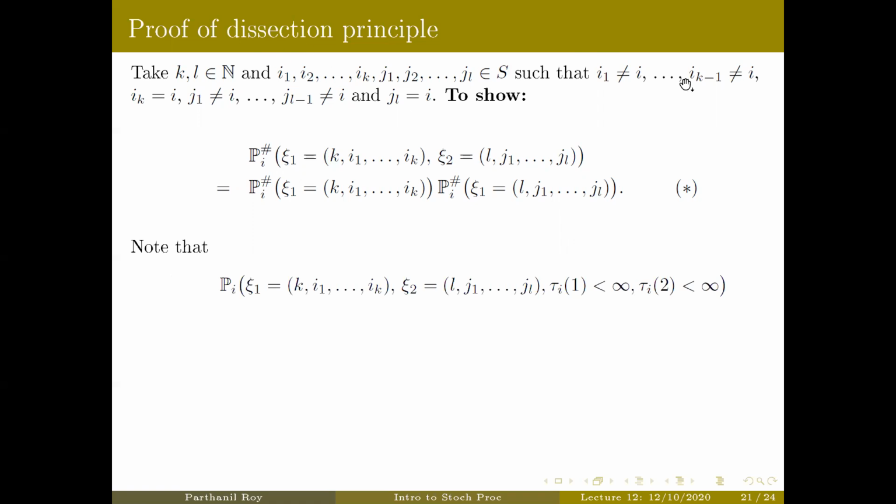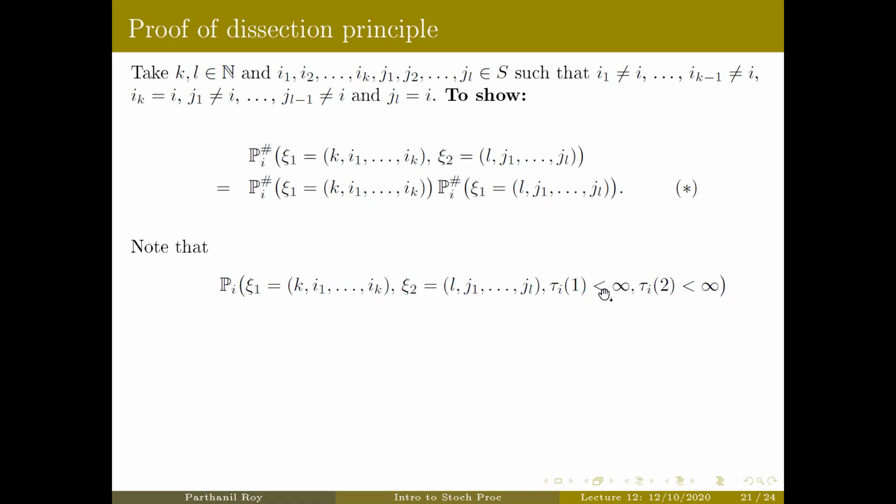Okay, so in this case, under this assumption about I1 to Ik minus 1, Ik and so on, let's first try to compute the left hand side of star. But the left hand side of star is a conditional probability, right? The conditional probability has a numerator and a denominator.